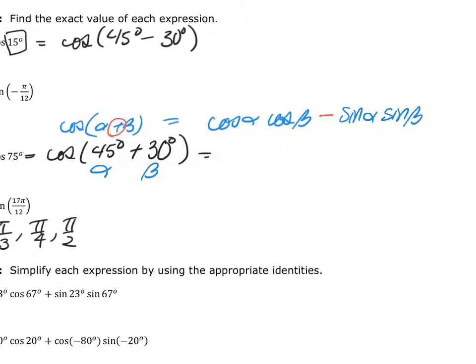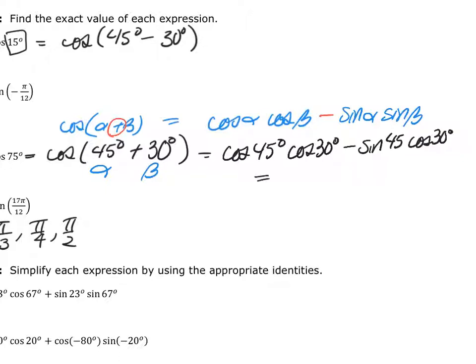So this is going to be equal to the cosine of 45 degrees, the cosine of 30 degrees, minus the sine of 45 degrees, the sine of 30 degrees. And then I go to my unit circle, and I'm going to look for the values for the cosine of 30 and the cosine of 45, and the same with the sine.